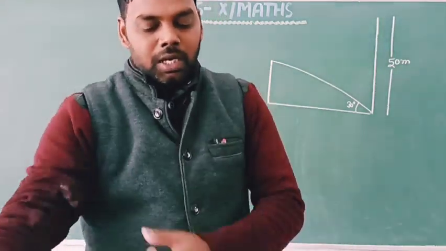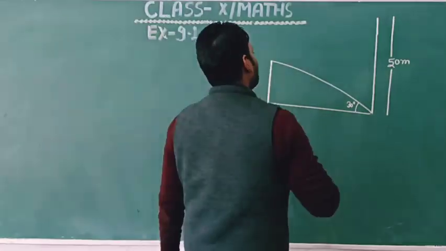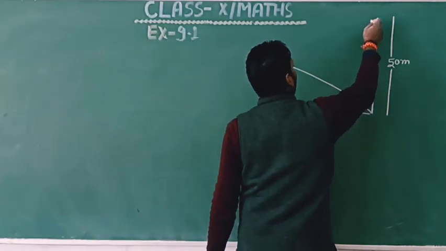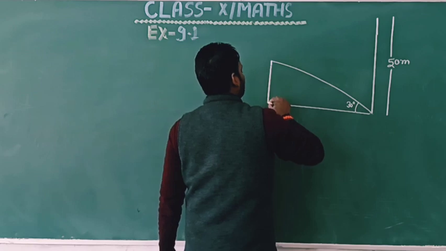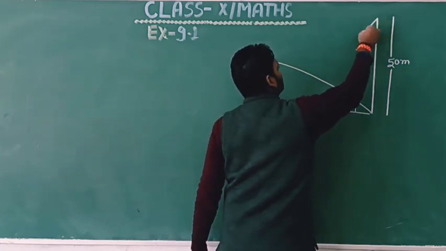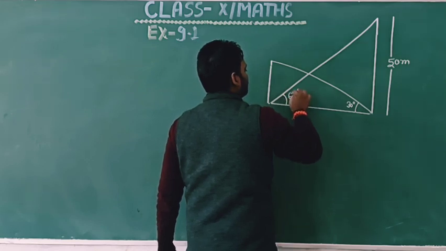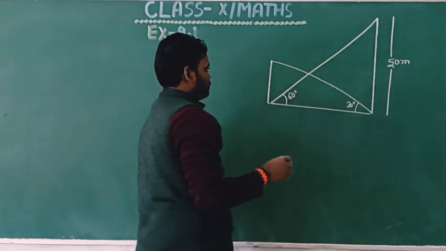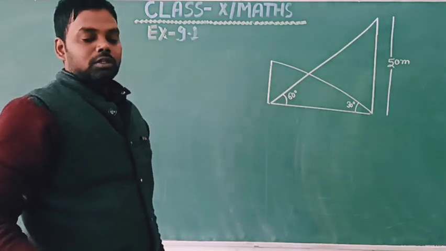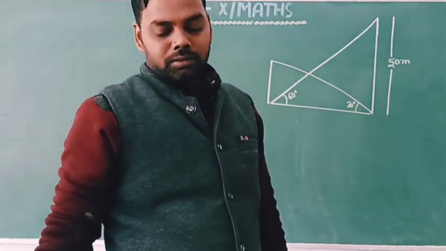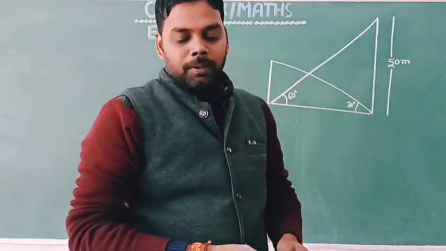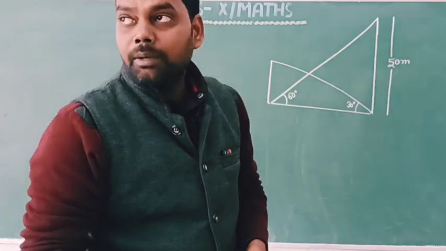And again given the angle of elevation of the top of the tower from the foot of the building, which is 60 degree. Then we have to find the height of the building.